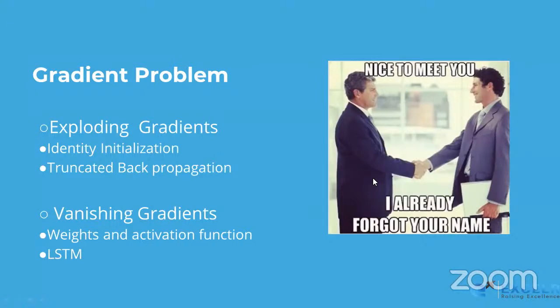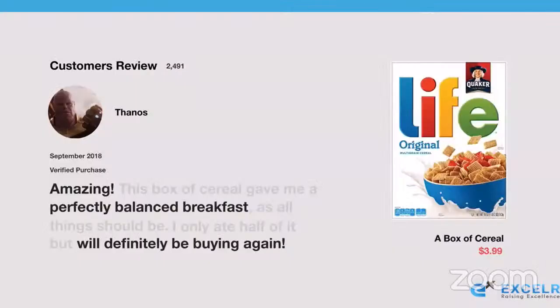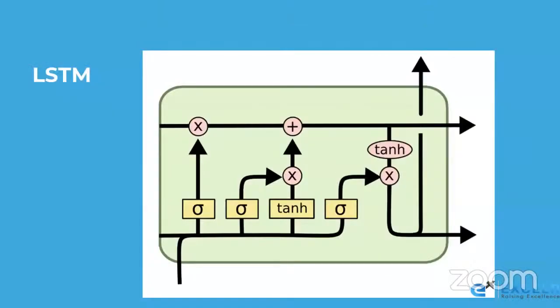At some point the gradient will be lost, which means the previous state will be nothing. If the previous state is nothing, it's not going to help the model evolve. So these are the two important problems when it comes to gradients, exploding and vanishing. Let's see how we tackle these. I'll come to this point a little later.